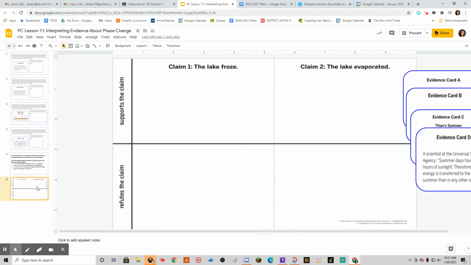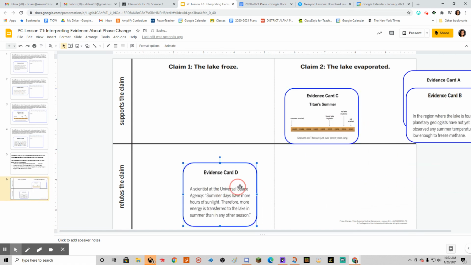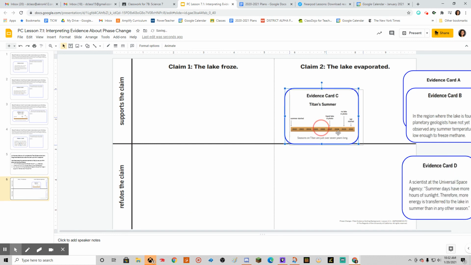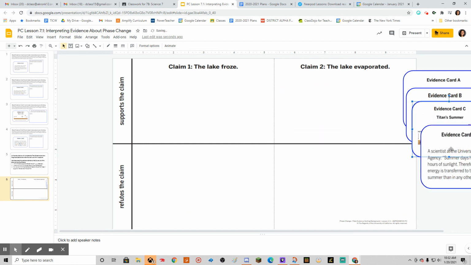So on the final slide, once you have annotated all 4 cards, you will then take your cards and drag and drop wherever you think that it makes most sense to put the card. When you are finished, you can go ahead and turn in your Google Slides.